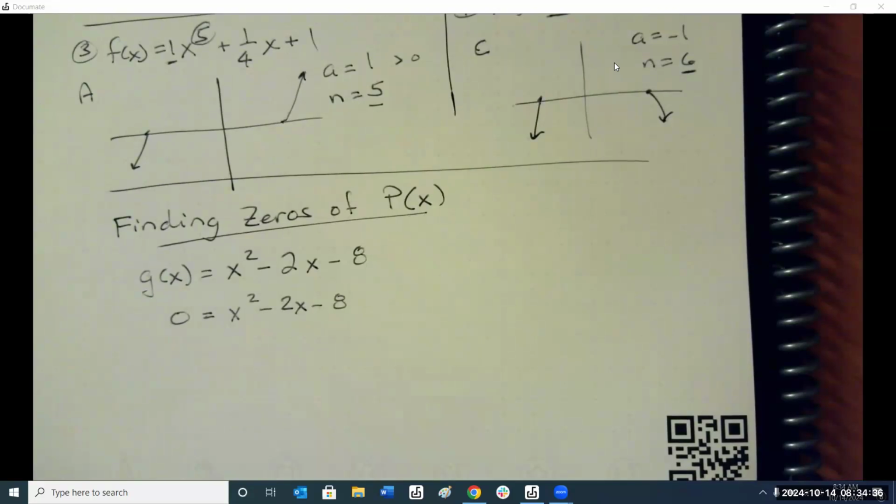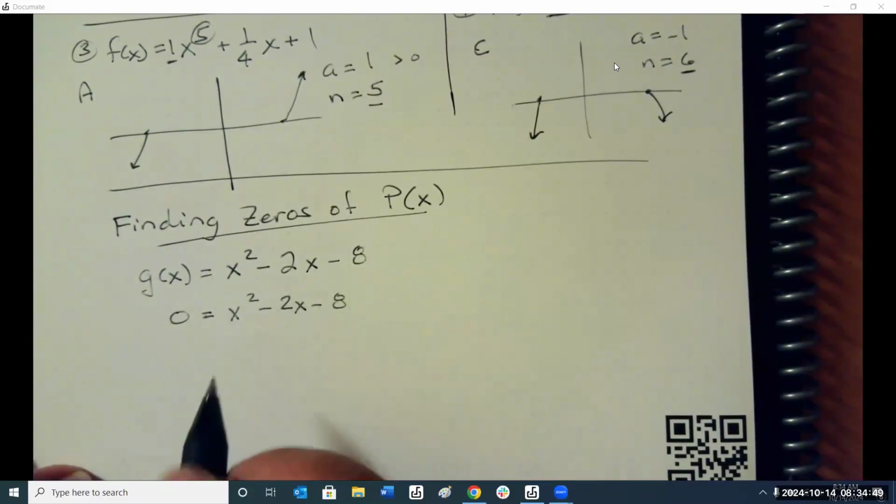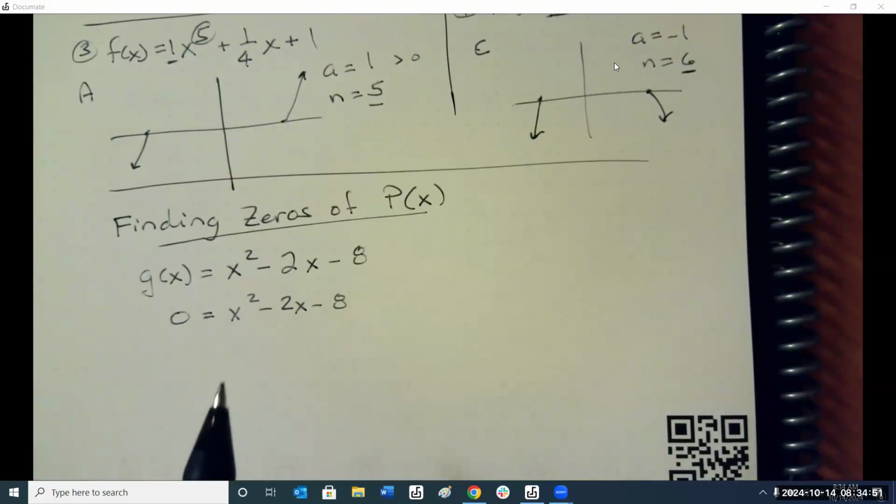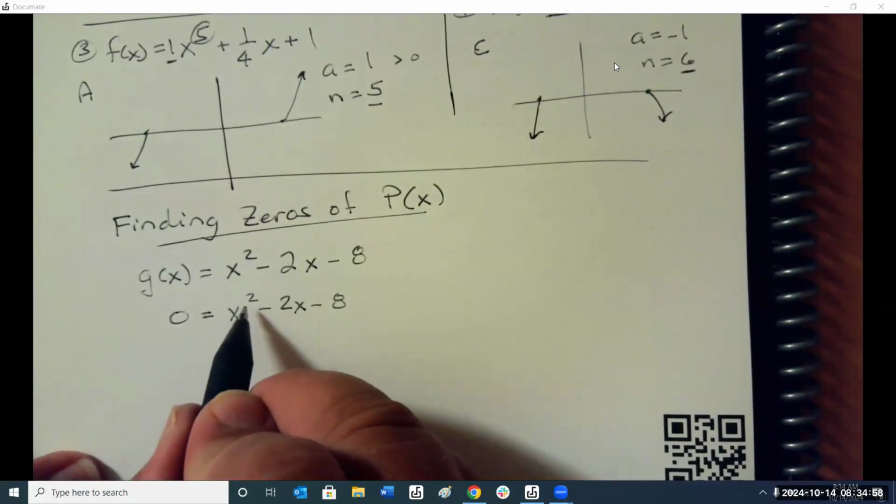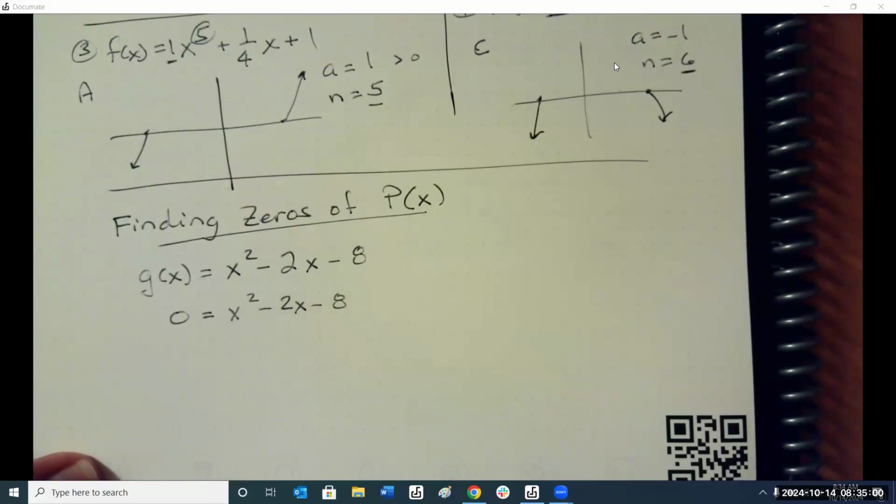Because in this case, it's quadratic, we can use the quadratic formula. We can use completing the square. We can try to use factoring. So let's just try the simple one first. We cannot use completing the square or the quadratic formula on anything higher than degree 2.